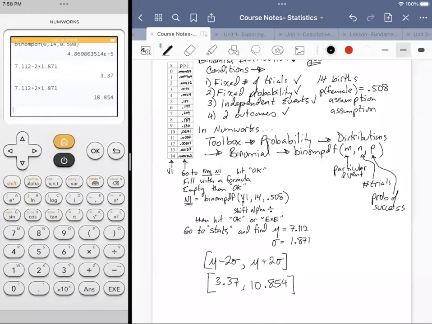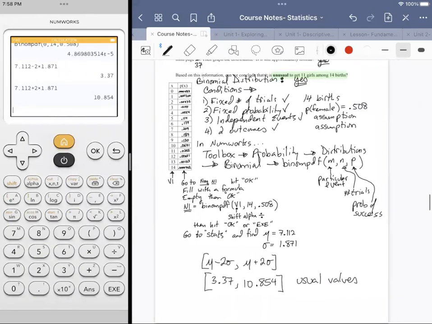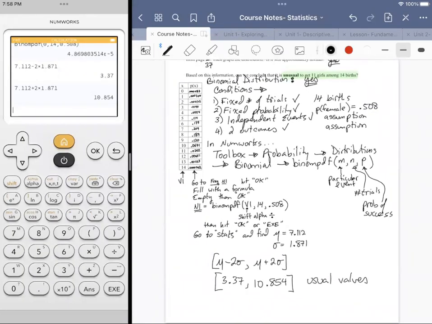This is the usual interval. So usual values. Any number that falls outside that interval is going to be unusual. So we can conclude, therefore, 11 girls would be unusual.